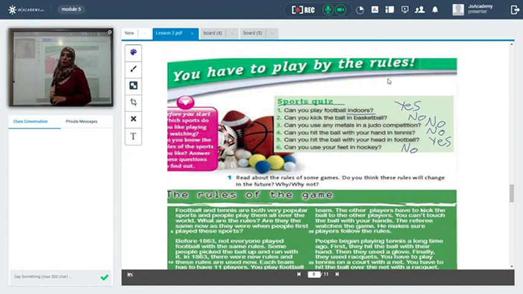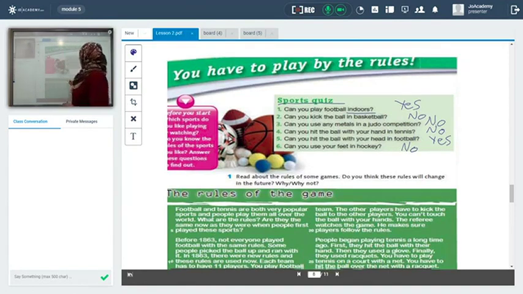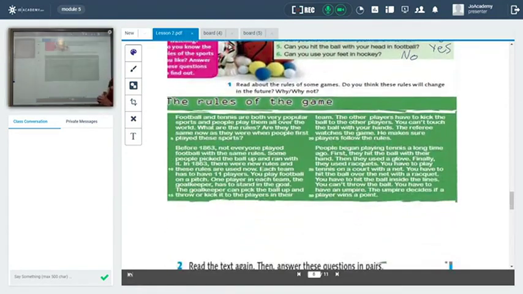Now we are going to read the rules of the game. Are you ready? Let's read it together. The rules of the game. Football and tennis are both very popular sports and people play them all over the world. What are the rules?